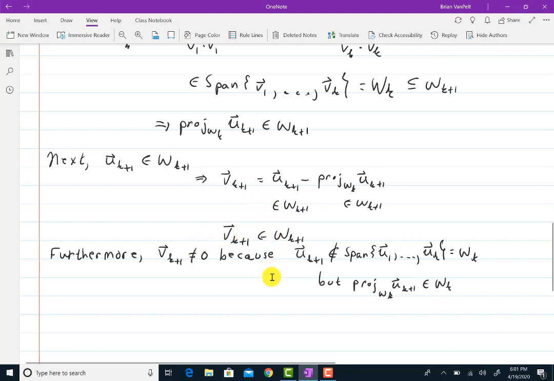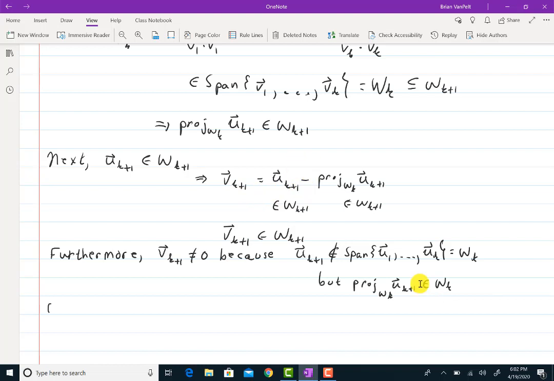So v is made up of an element not in wk minus an element in wk. There's no way that it could be equal to 0 since it's in those two different sets.